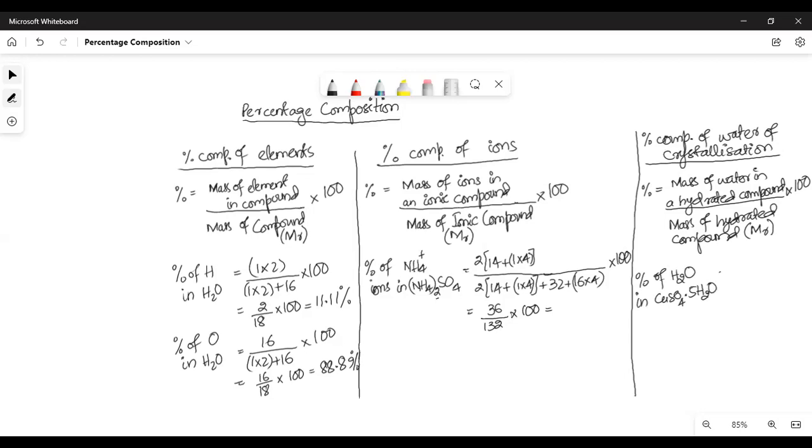How are we going to take it? That is 5 into 18, 18 is the mass of water really. So 5 into, actually, no, that's not how we are supposed to do it. So I'm going to erase this part.